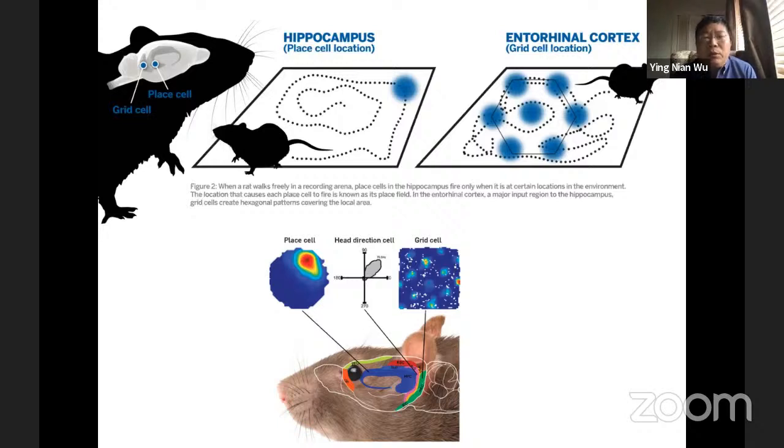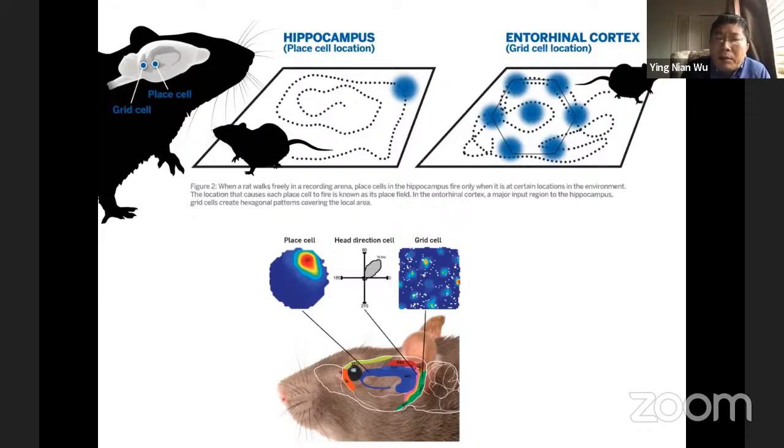So the difference between place cells and the grid cells is not only in terms of where they are located in the brain, but also in the response property. So for a place cell, each place cell will fire at a particular position in the environment.